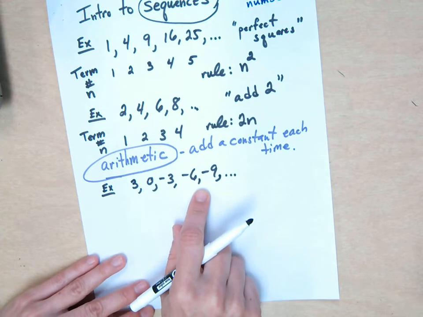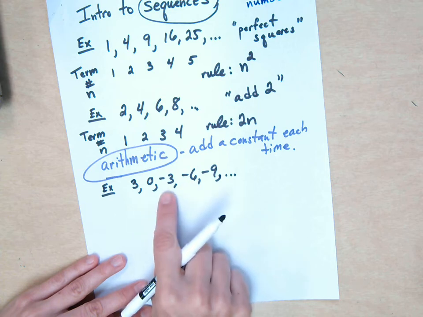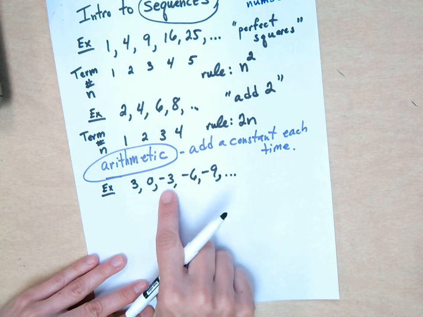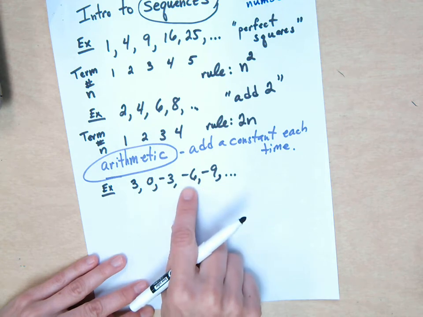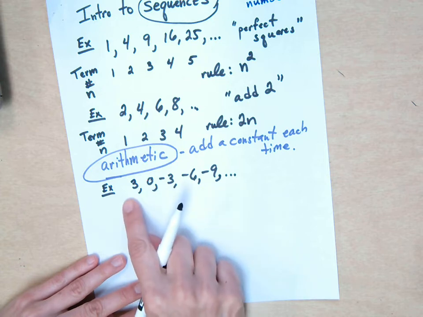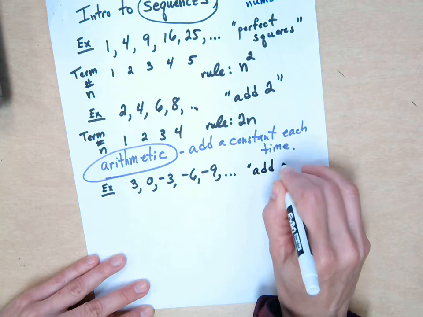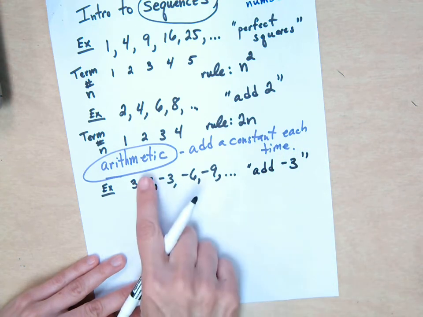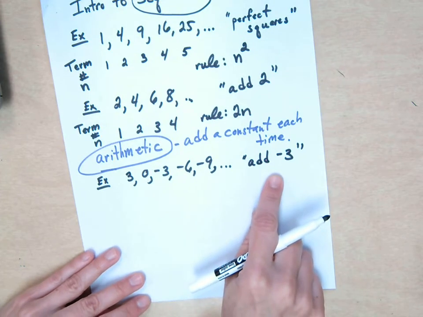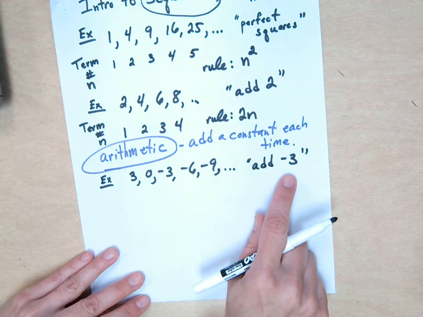Well, if you're not sure, you can subtract any two consecutive terms to figure it out. For example, -6 minus -3 is -3. -9 minus -6 is -3. 0 minus 3 is -3. So you're adding -3 each time. That is arithmetic because you're adding a constant each time. Even though it's a negative number, it's still a constant.